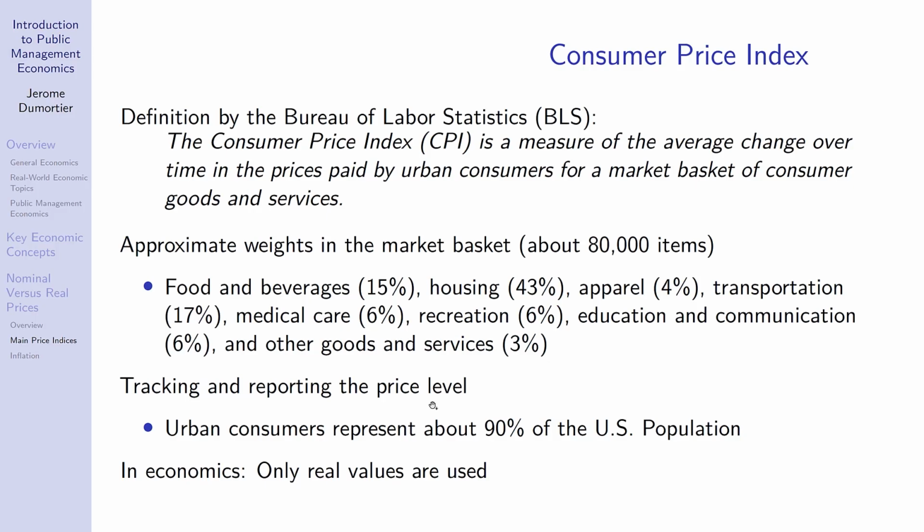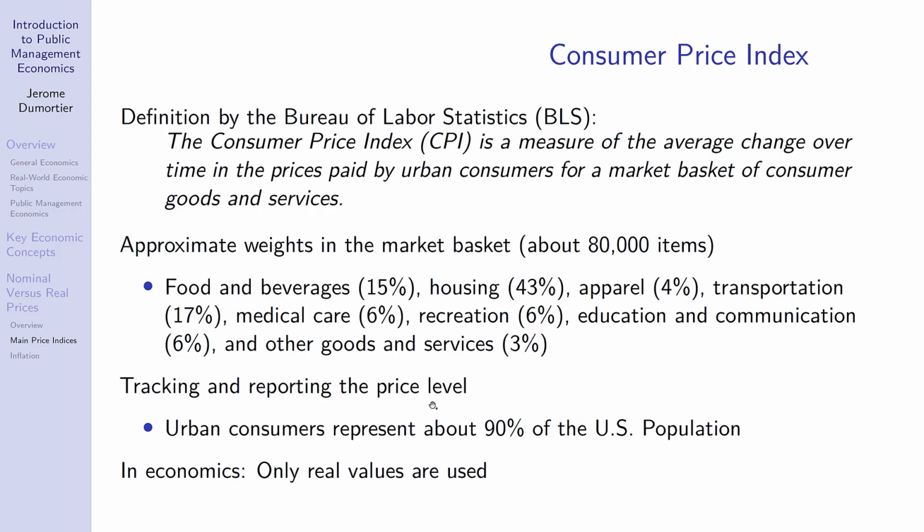Now, the Consumer Price Index is published by the Bureau of Labor Statistics, and the definition by the BLS says that the CPI is a measure of the average change over time in the prices paid by urban consumers for a market basket of consumer goods and services. The approximate weights in a market basket, which comprises about 80,000 items, is heavily weighted towards transportation and housing.